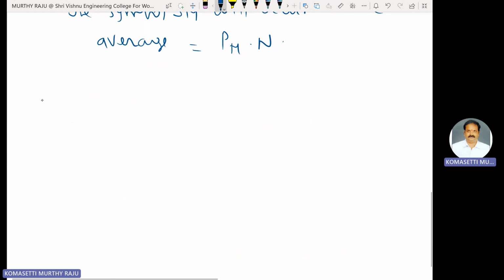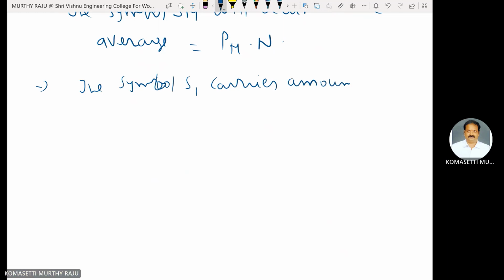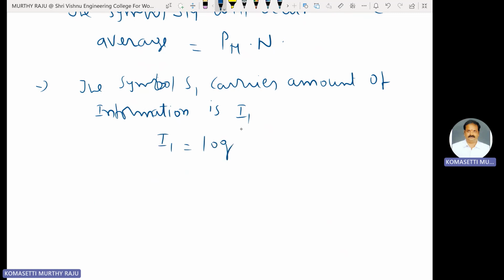The next important point here is that the symbol S1 carries an amount of information. The information content in the symbol S1 is I1, which is equal to log 1 by P1 base 2 bits.